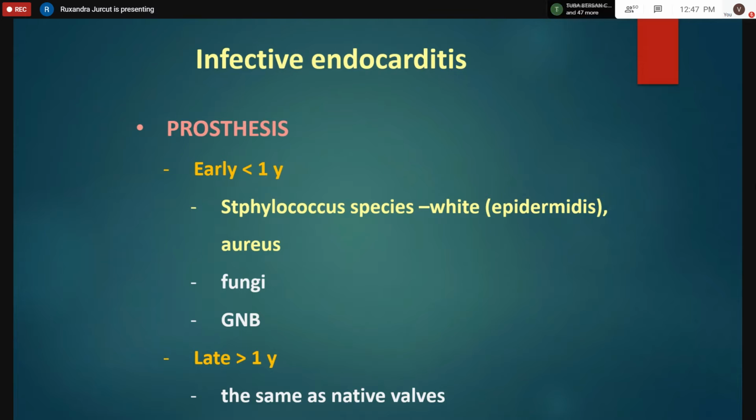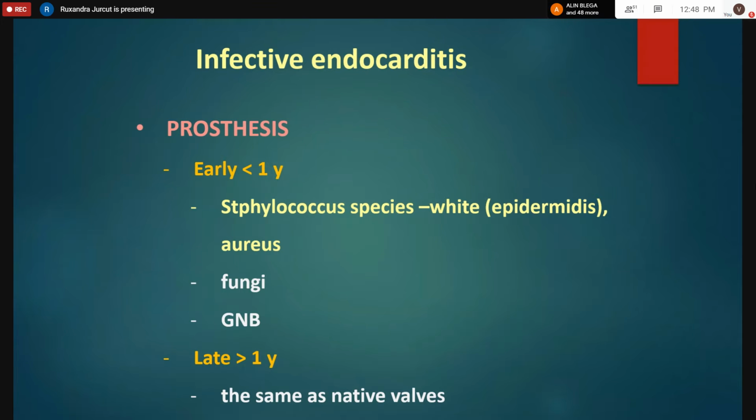On the prosthesis, however, things might be different, especially in the first year after surgery. In the first year, the infection of the prosthesis might be due to germs that entered the heart together with the prosthesis. These are germs that usually come from the skin, either the skin of the patient or, much less likely, the skin of the medical personnel, but it could happen if sterilization was not perfect. From the skin, those would be Staphylococcus species, white or aureus.